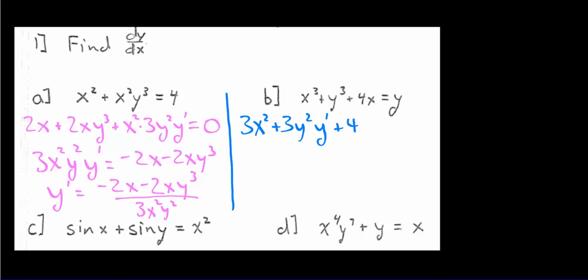Plus 4 equals, now there's just a y there, so that's going to be y prime. I gather all my y primes together, move everything else to the other side. So here's what I've got. I've got 3x squared plus 4 equals y prime minus 3y squared y prime.